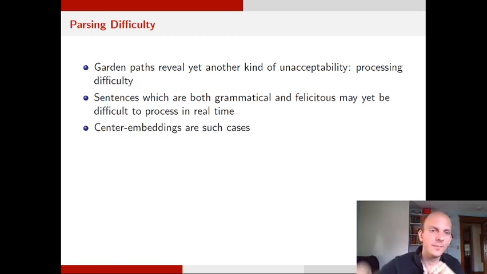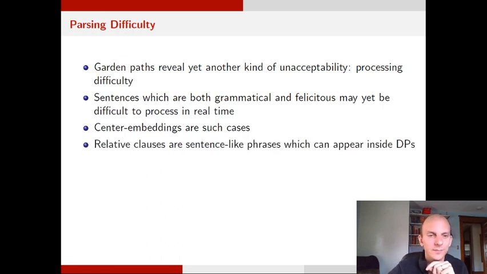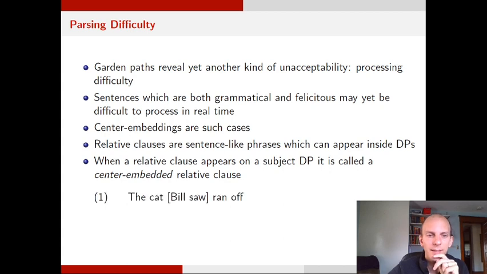A good example of this processing difficulty are what are called center embedding sentences. Center embeddings are things like this. They're relative clauses that appear inside DPs. They're descriptors of the DP. So here we have a sentence, the cat ran off, and we can center embed this relative clause, Bill saw, to describe the type of cat.